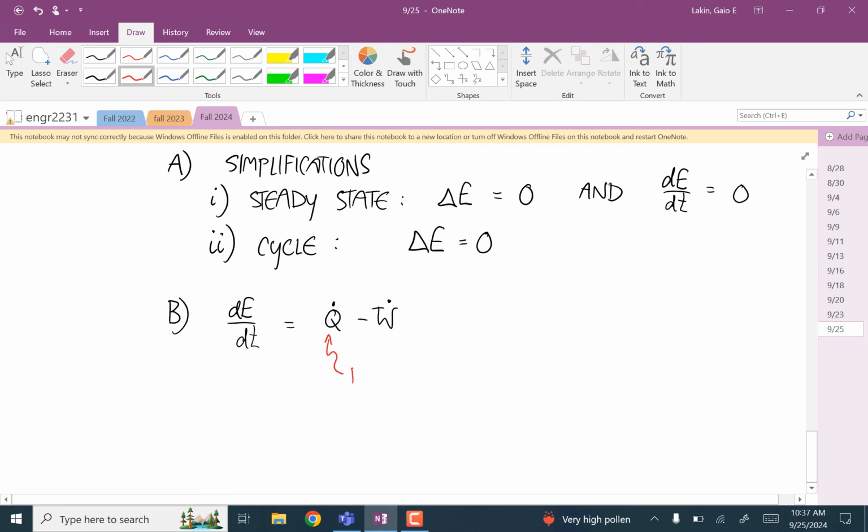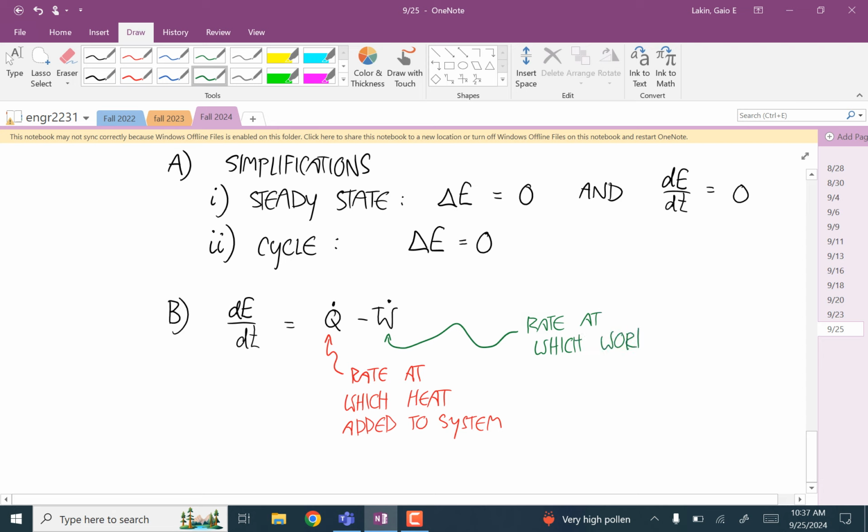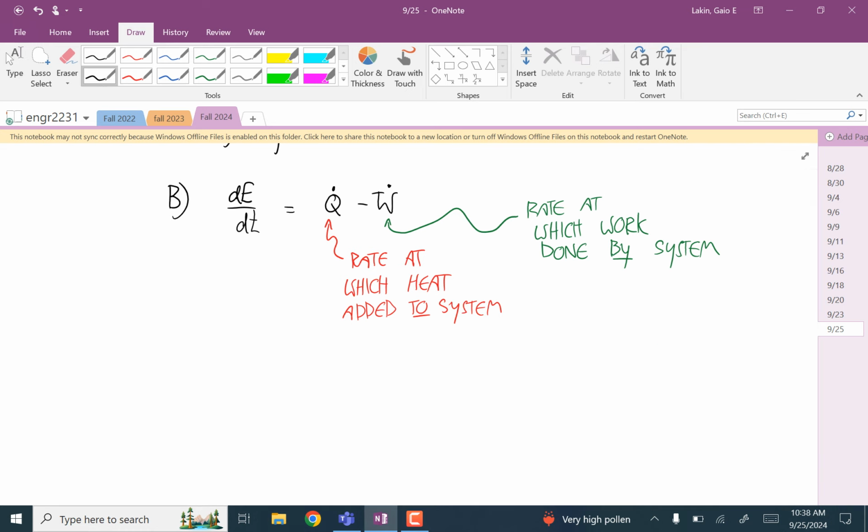Q dot is the rate at which heat is added to the system, and W dot is the rate at which work is done by the system. This is kind of a helpful way to think about this stuff.